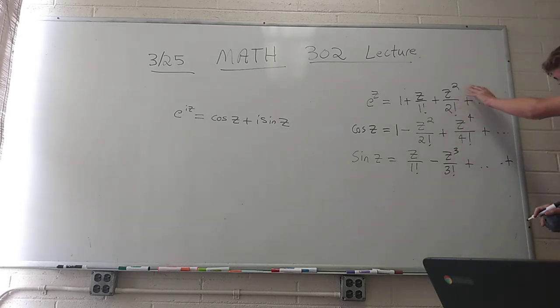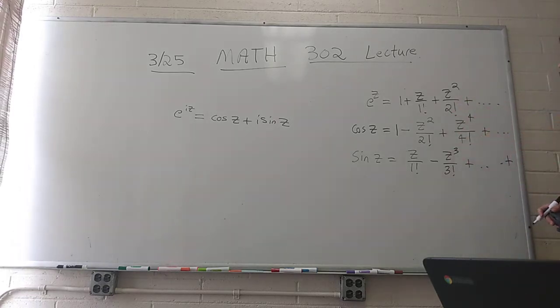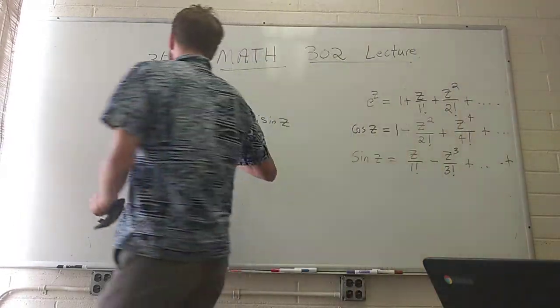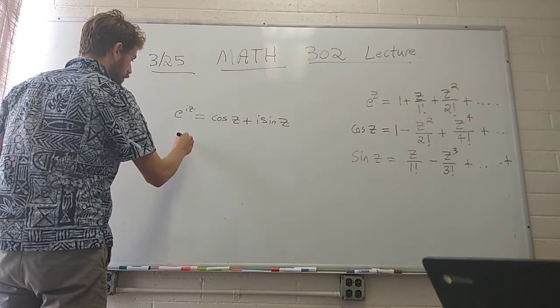So, provided these series converge, you can define cosine and sine. What's really important here is this formula. This is called Euler's formula.